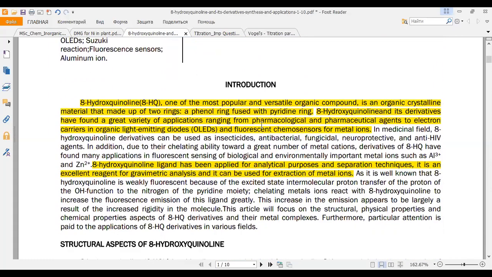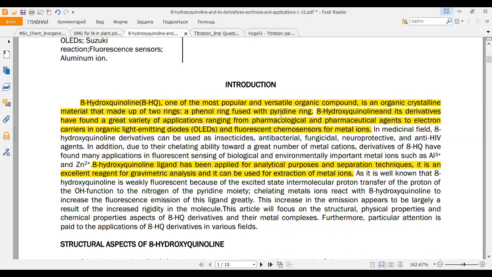Okay. Introduction. 8-hydroxyquinoline is one of the most popular and versatile organic compounds. It is an organic crystalline material made up of two rings. We haven't seen the structure yet, but it says that it has two rings. One ring is phenol, that is fused, meaning connected or the part is shared, with a pyridine ring.